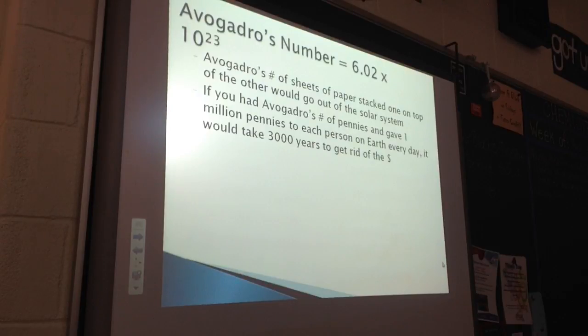Is it practical to talk about Avogadro's number of sheets of paper? No, we can't do that. I can't send you to the store to get Avogadro's number of donuts. We don't have enough raw materials to make it. And when we think about really big numbers, you think about the national debt.